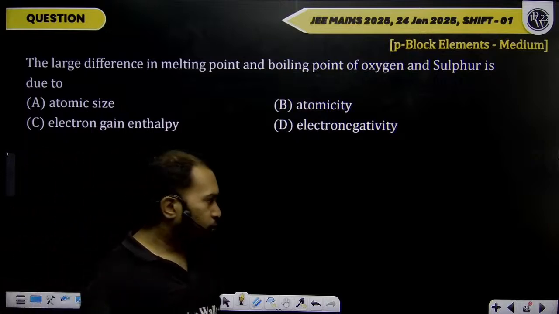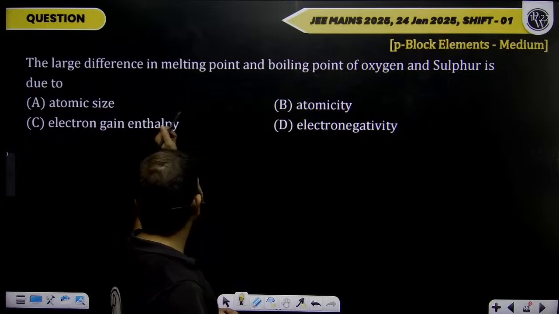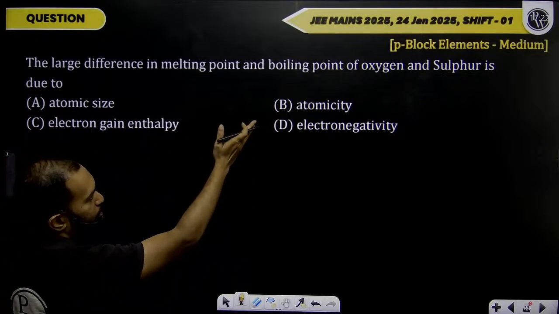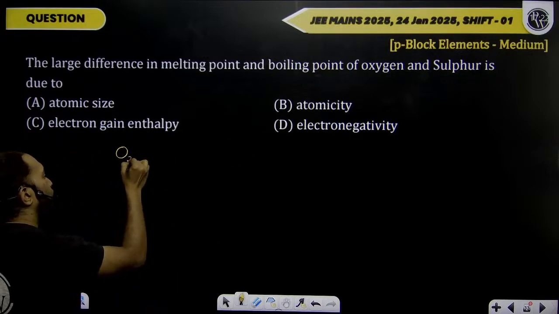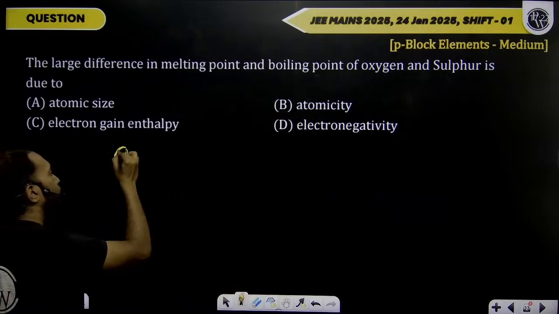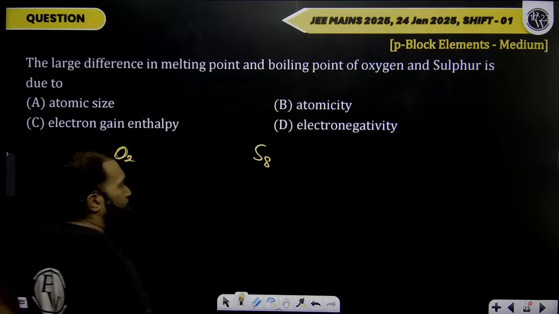Looking at the options, some of them don't have any relation with the melting point. Now just remember one thing, we are discussing oxygen and sulfur. Oxygen exists as an O2 molecule, and sulfur exists as an S8 molecule.